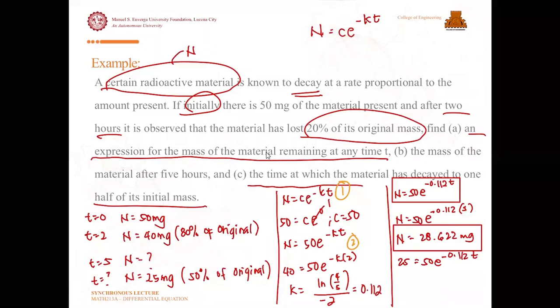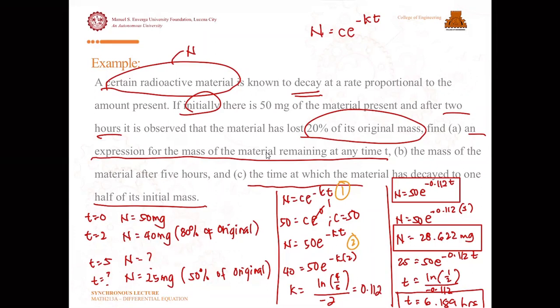T. Okay? So applying our logarithm, T is equals to ln of 1/2 over negative 0.112, or the time for it to become half, is 6.19189 hours, okay, maybe 6.189 hours. So this is our answer for the last question, which is correct, since it is after 5 hours.